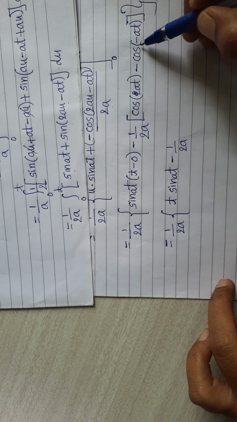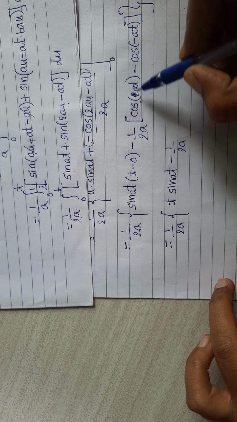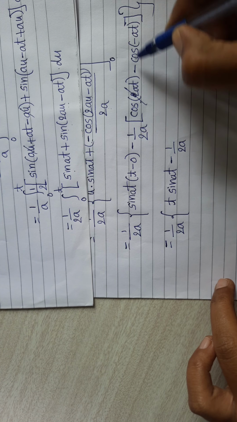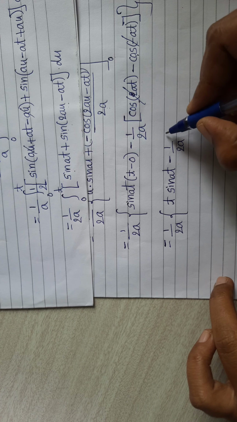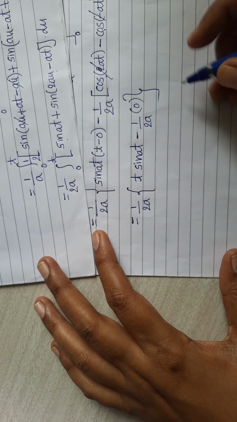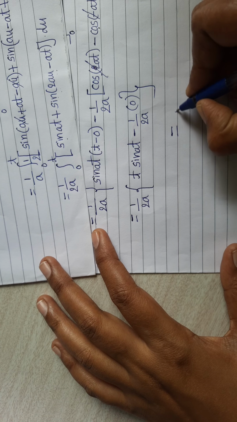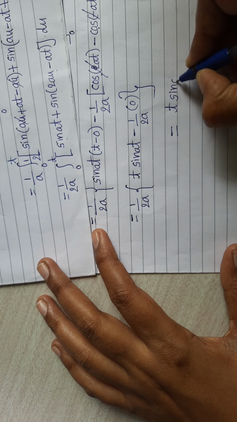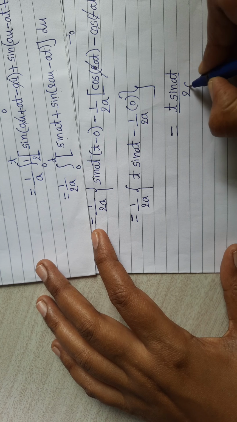Cos of minus AT will be plus cos AT only, so plus and minus both get cancelled, and it becomes 0. So you are remaining with only one term, that is T sin AT, so you are getting T into sin AT divided by 2A.